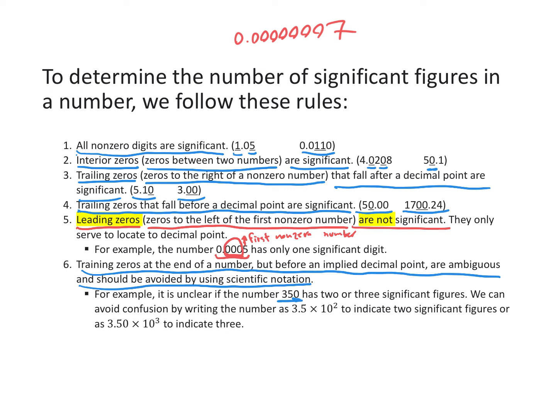We should write it in scientific notation, like 3.5 times 10 to the power of 2, or 3.50 times 10 to the power of 2, to show that this number has 2 significant figures or 3 significant figures. But if I ask how many significant figures 350 has, it's not clear. We use scientific notation to show how many significant figures a number has. Does that make sense? Any questions?